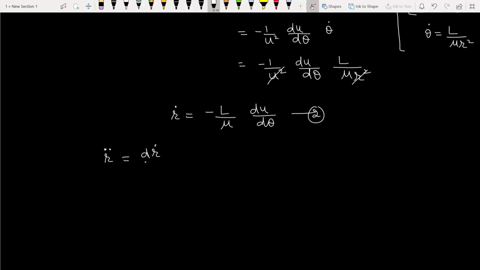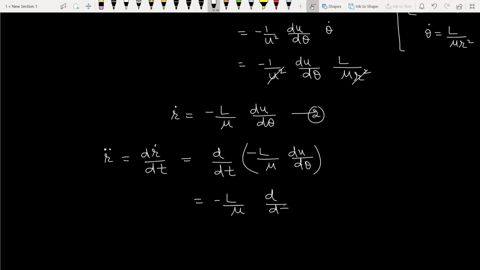dr dot upon dt is d upon dt of minus L upon mu du by d theta. So it is minus L upon mu d upon dt of du by d theta. Here again we multiply and divide by d theta, and we are left with du by d theta into d theta by dt.